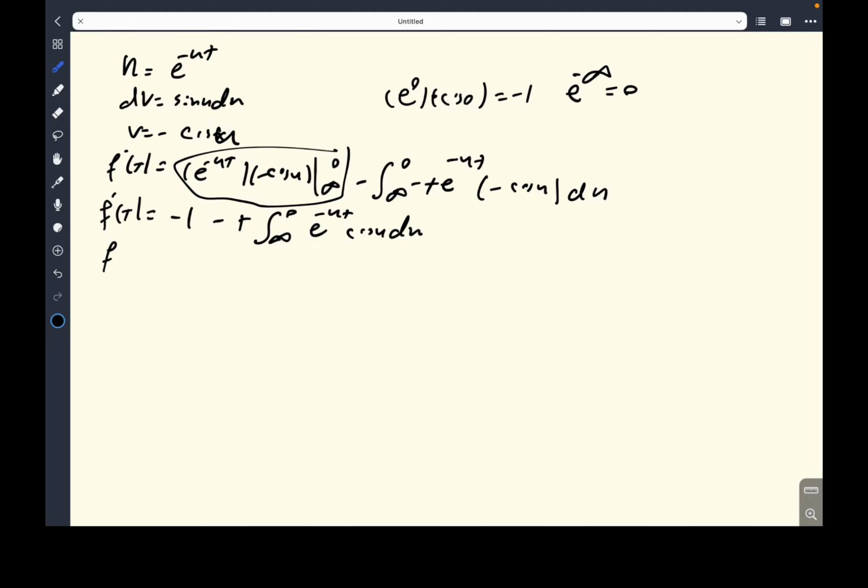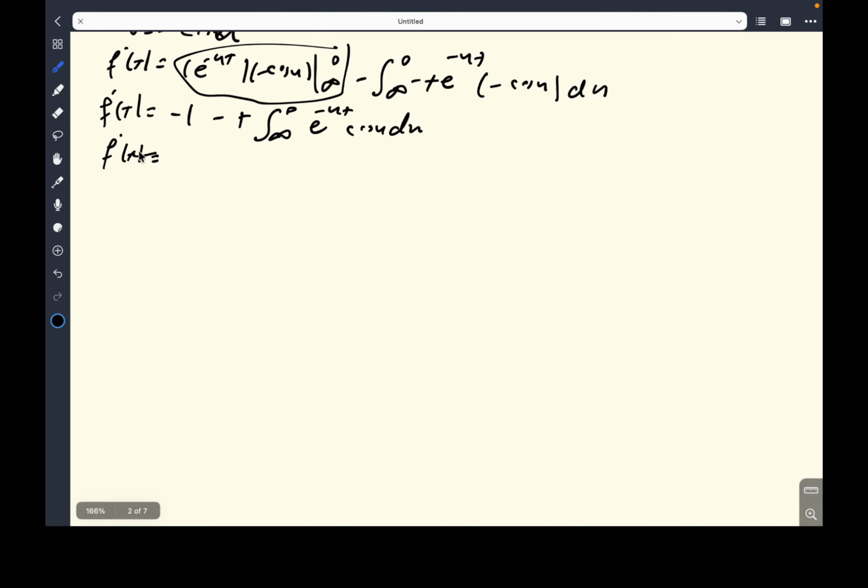So now for my f prime of t, I'm going to do another integration by parts. N equals e to the negative ut, dn equals negative t e to the negative ut du. My v is going to be sine u, and dv equals cosine u du.